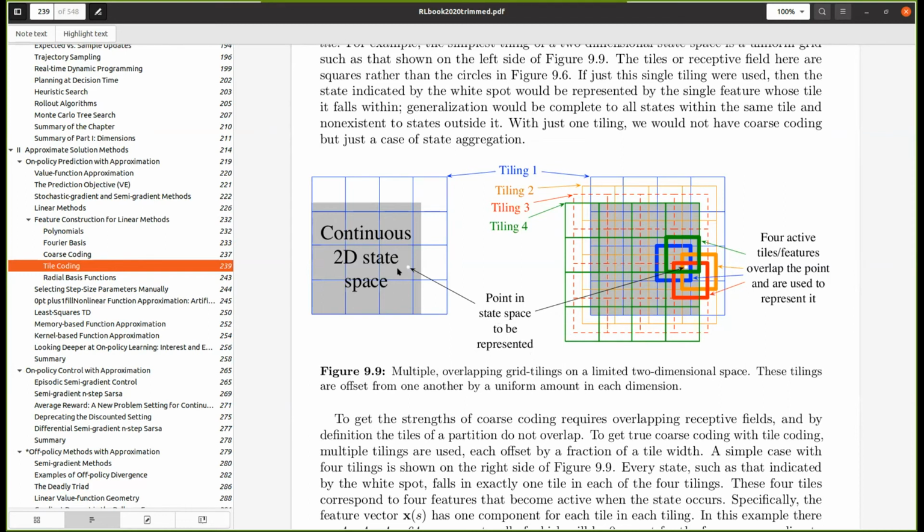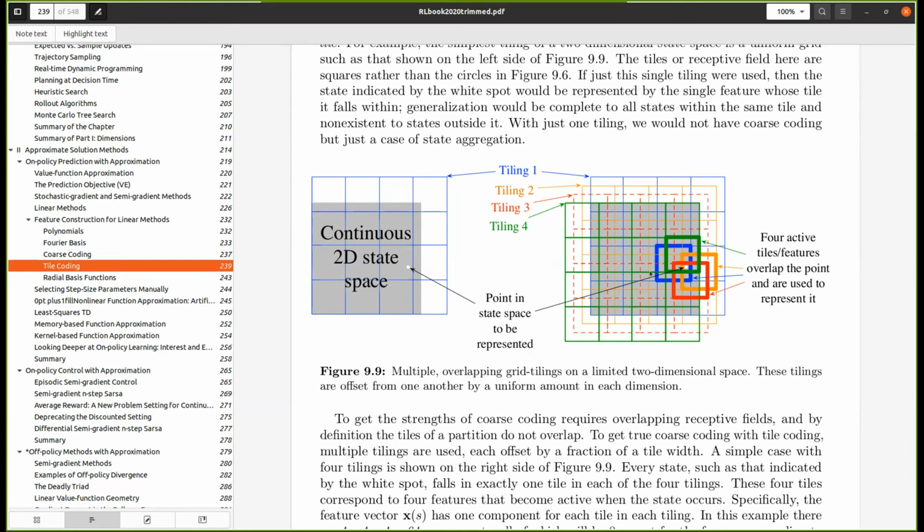So here you can see a point in a continuous 2D space, and here you can see how it will be represented.